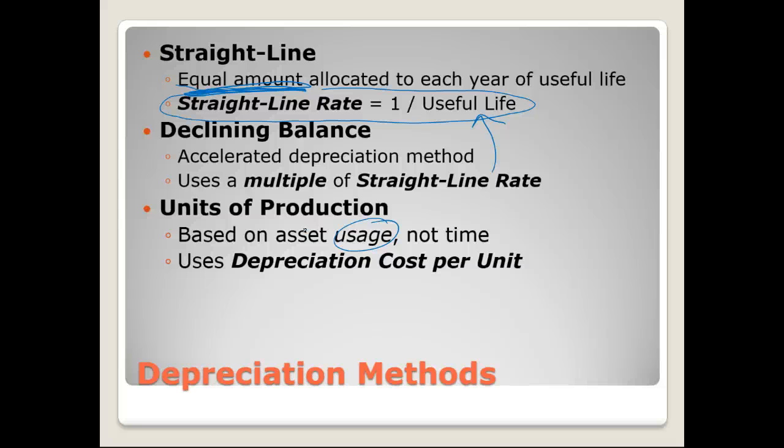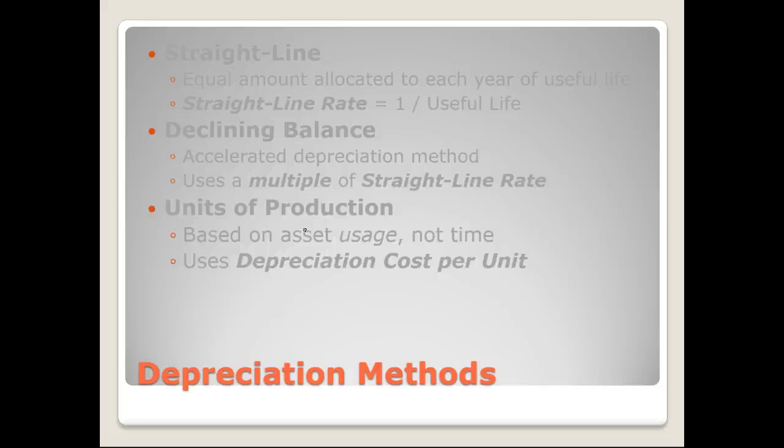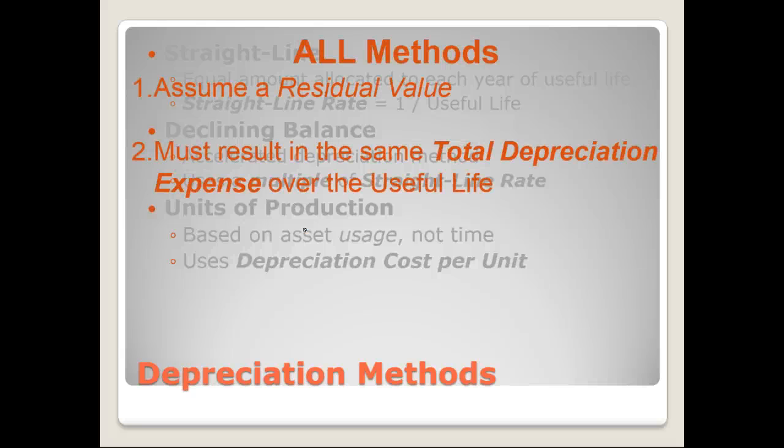However, there is something extremely important we need to remember. All of the three depreciation methods we will cover assume that the asset has some sort of residual value at the end. Now, it could be possible that we say it's zero, but we at least have to account for some sort of residual value.